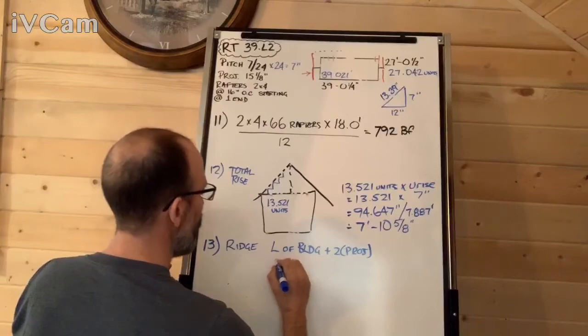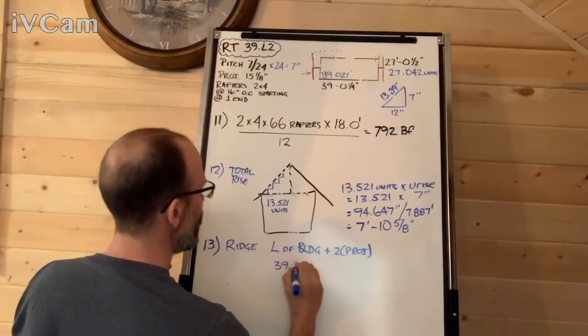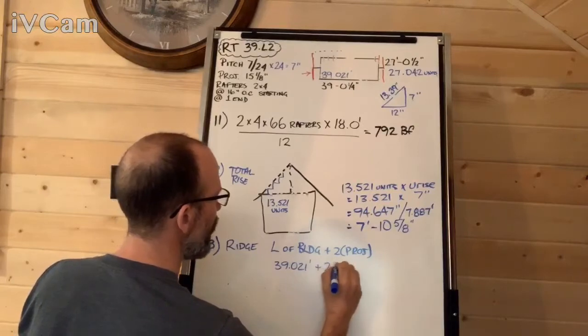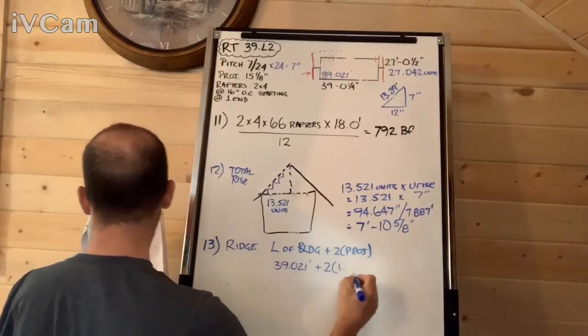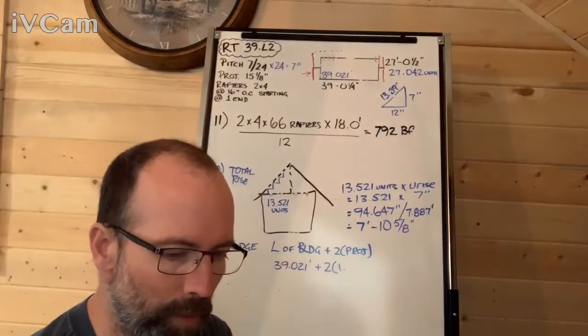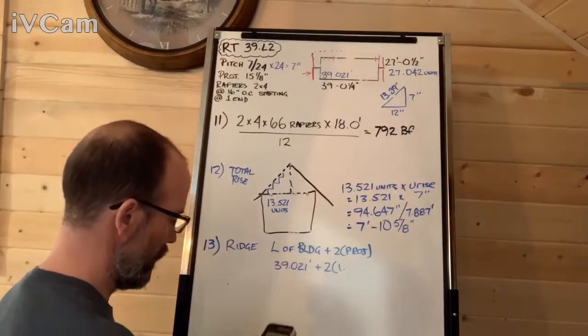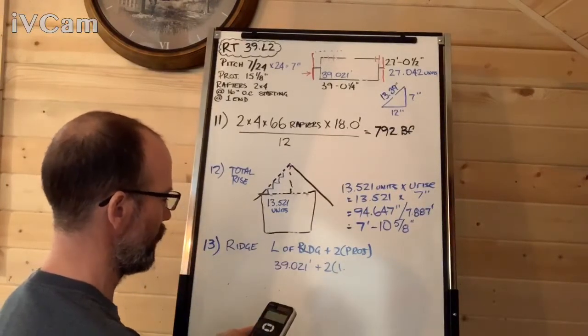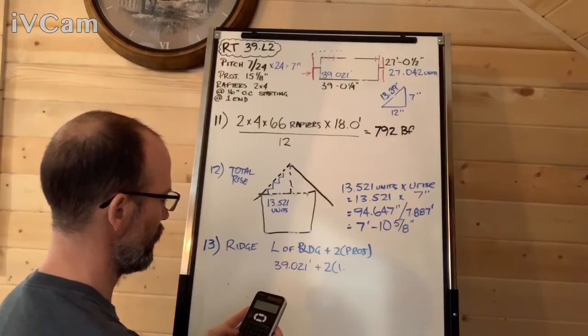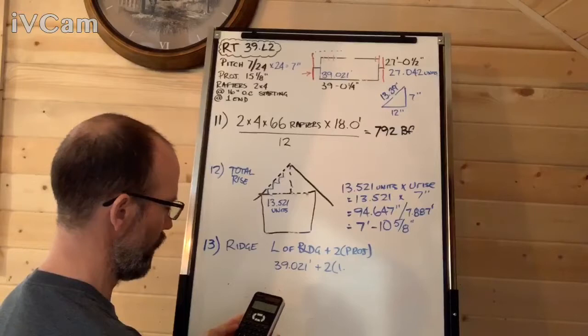Length of the building, 39.021 feet, plus 2 times 1.26. Where in the heck is it? Well, let's just do this. 15 1/8 inches. 1 divided by 8 equals 0.125. Plus 15 equals 15.125.